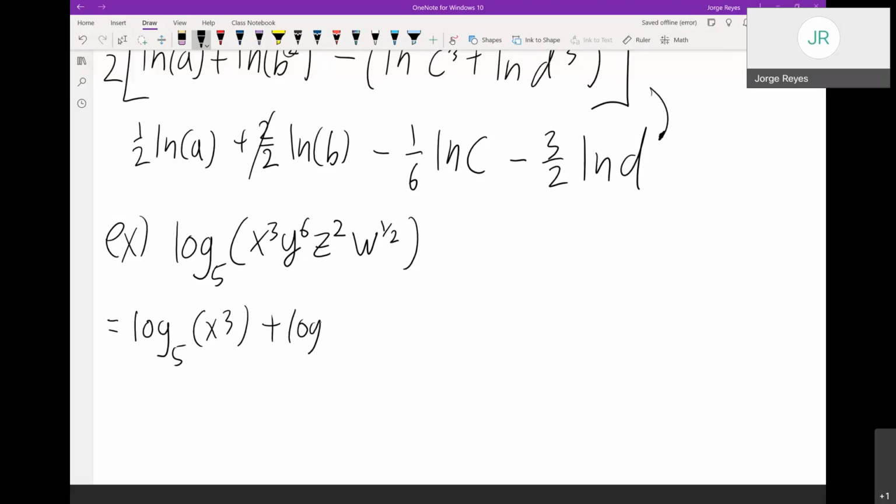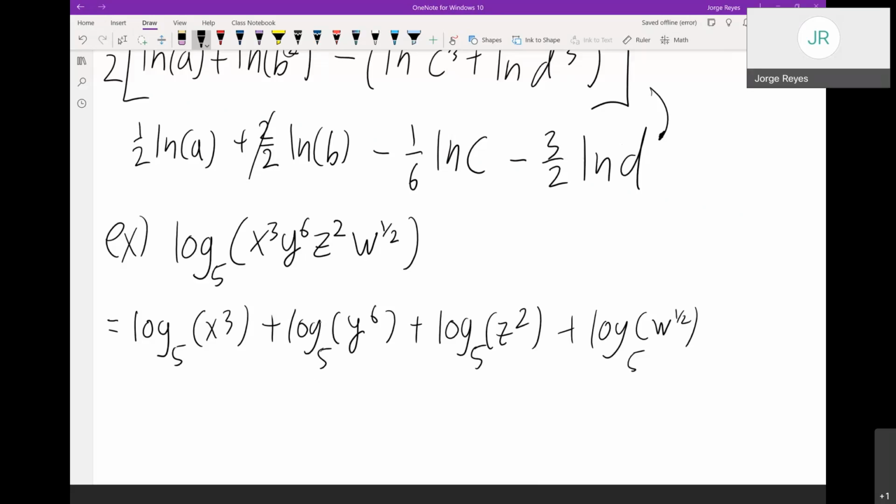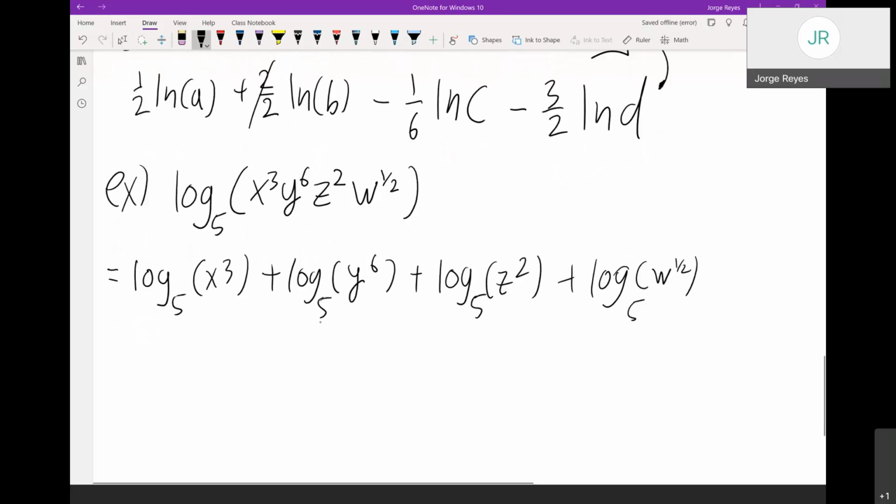Okay. And so another thing to notice, guys, is I have to write the 5 all the time. Okay, the base is always the same. The logs should never be with different bases. Okay, so w half 5. All right, and then just power rule all of these.